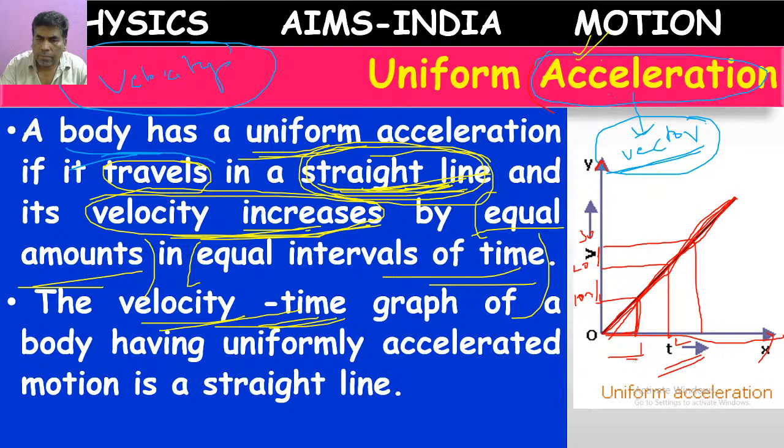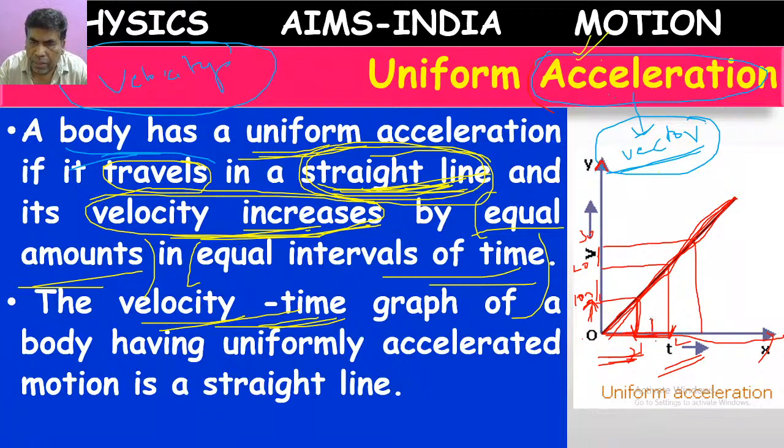What is the behavior of this straight line? In 1 second, velocity changes from 0 to 10 meter per second. Again, if we compare from the first second to the second second, not from 0, between these 2 seconds, what is the time interval?